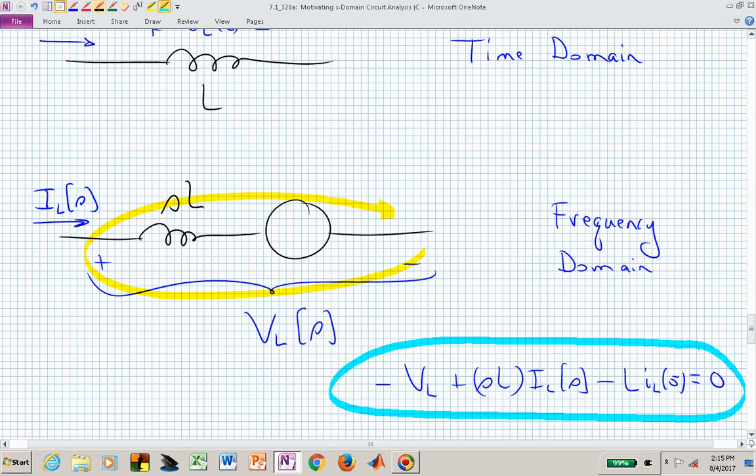And to achieve that, we needed to have the polarity of minus plus, and the magnitude of that source voltage is now L times I sub L of 0 minus.